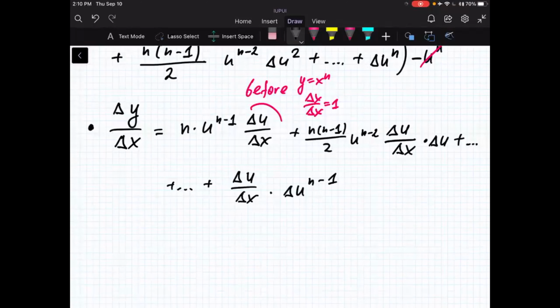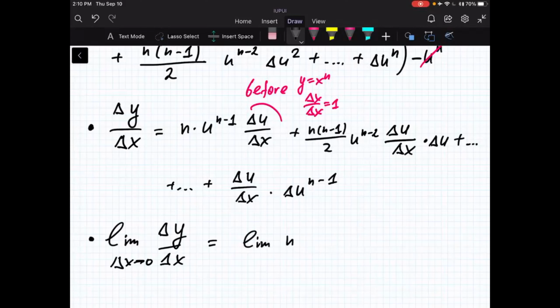But then I need to consider the limit of delta y over delta x when delta x goes to 0. And that will be what? Again, the limit of the sum is the sum of the limits.